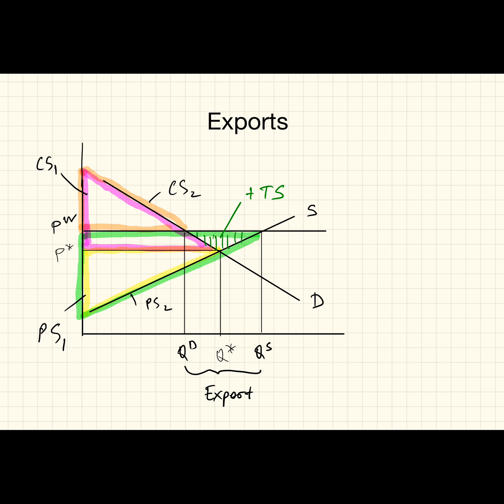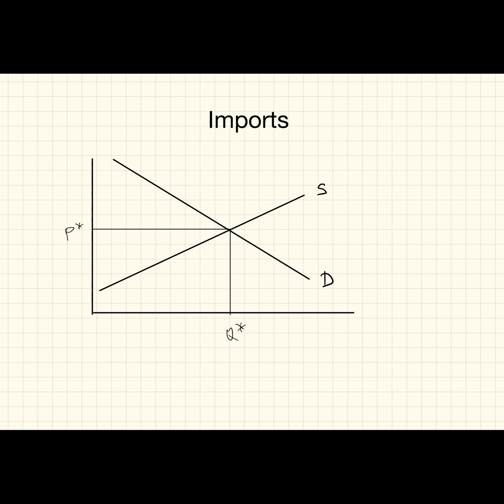All right, so that's the story with exports. And next possibility is imports. So in this case, world price happens to be lower than domestic price. So as this market opens to international trade, price drops and the market just has to follow it.